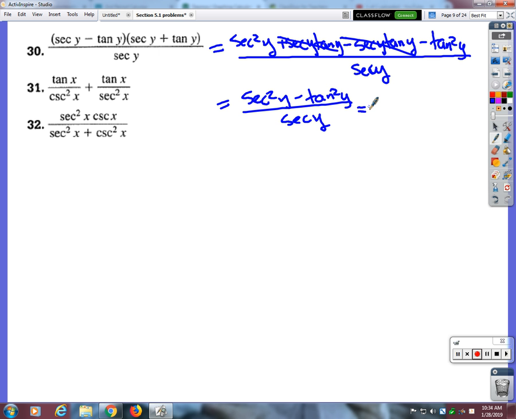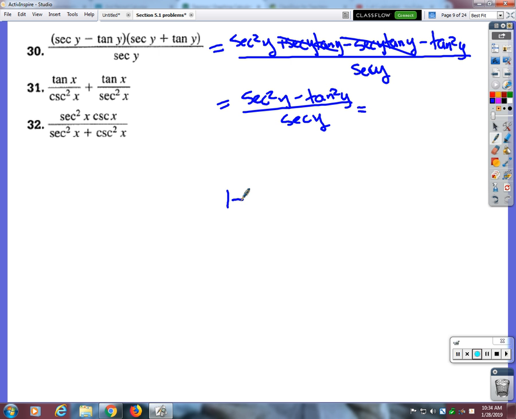Since this is a secant and this is a secant, I'd like to change this tangent squared into a secant. Well, it's close. It's not tangent squared, it's 1 plus tangent squared. But I can subtract 1 from both sides.